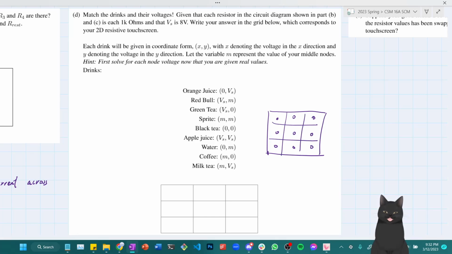Depending on which button you press, you might get a slightly different drink dispensed. So now we are writing each drink's information in coordinate form to show which point they should be at. This is in the coordinate order pair x comma y, where x denotes the voltage in the x direction and y denotes the voltage in the y direction.